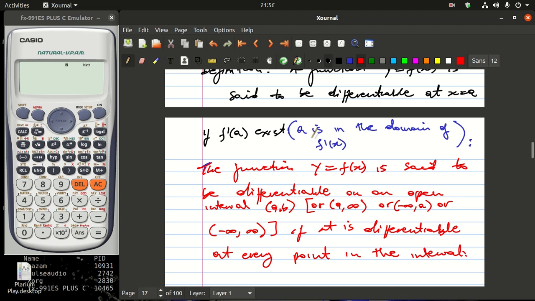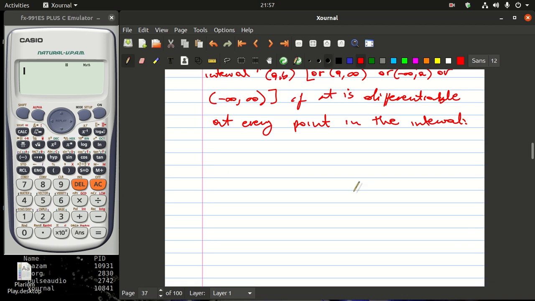If we are asking, is it differentiable at a, is a part of the domain of that? That's simple. If we're asking, is it differentiable on this interval, we're asking whether this interval is part of the domain of that. That's what this whole thing is saying.